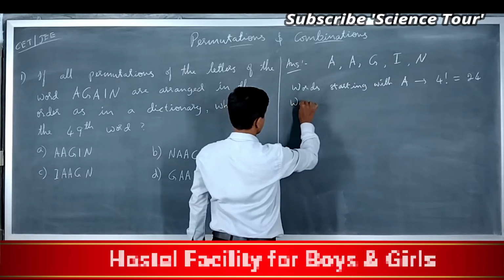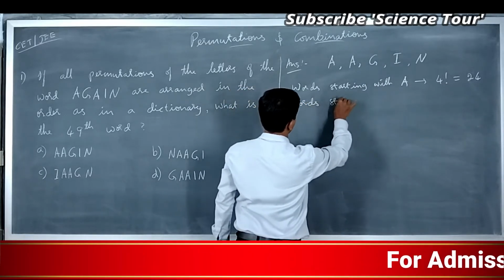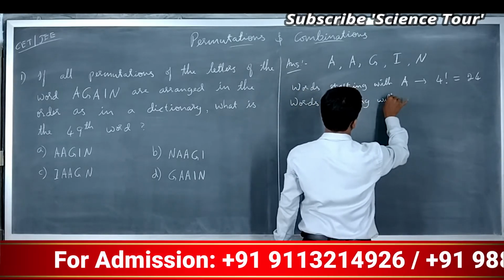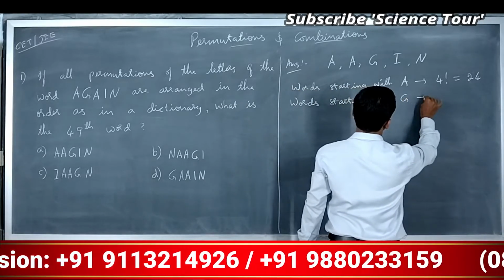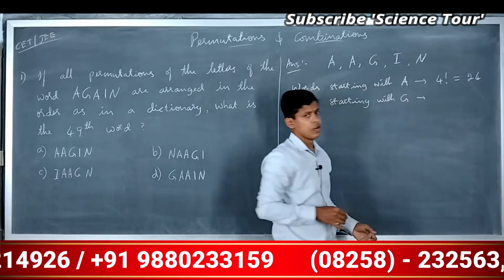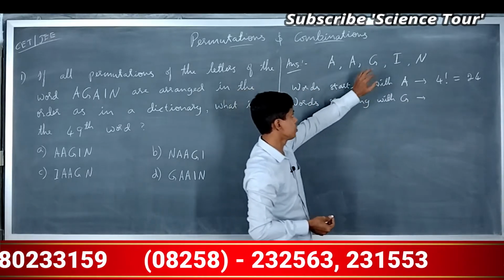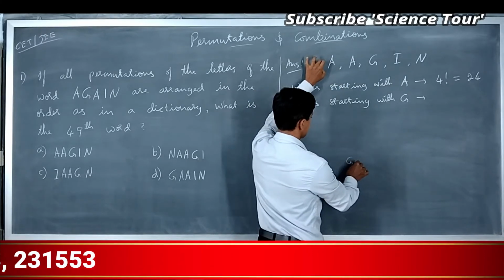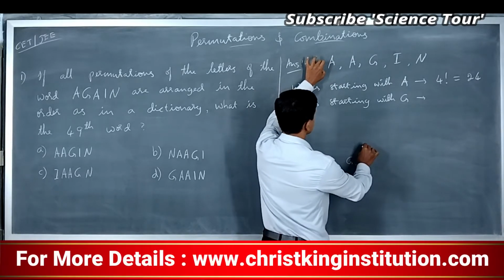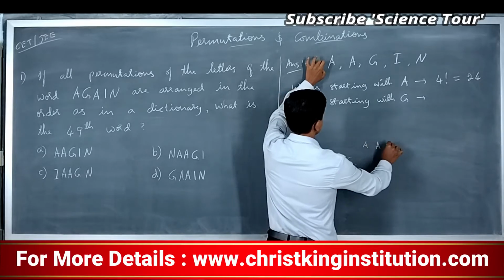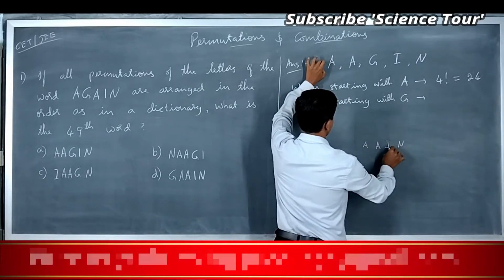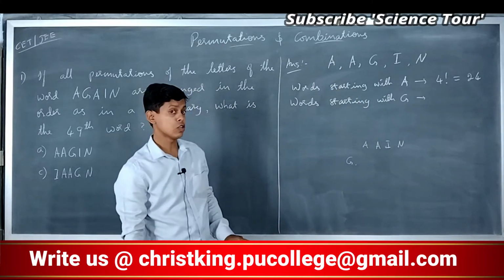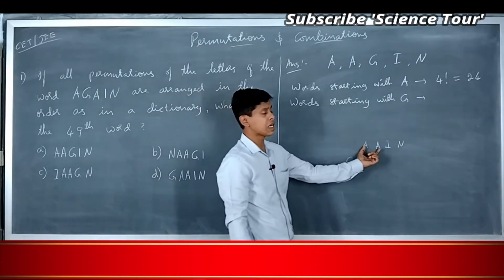Now how many words will begin with G? You have to fix G in the first place. If you fix G in the first place, what letters are left? You have A, A, I, and N, correct? So there are 4 letters to be arranged, but in those 4 letters, 2 letters are repeated.